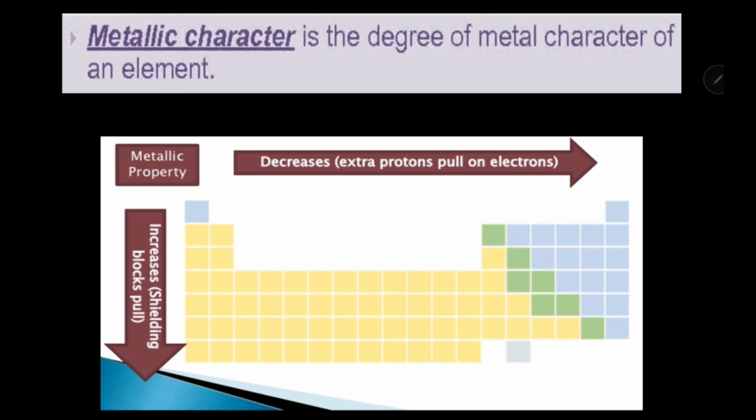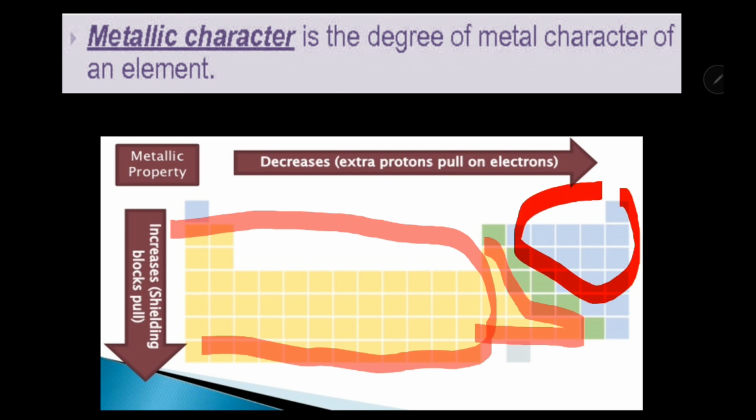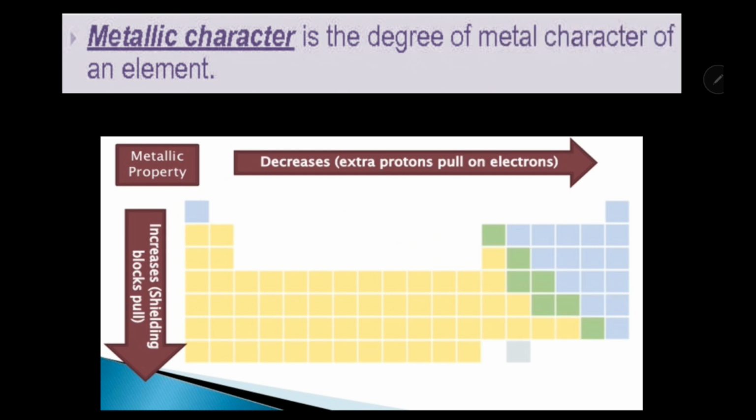So most of the metals, where are they concentrated? They are concentrated on the left side of the periodic table. These are the metals, whatever you see in the yellow are all metals. Now as we move towards the right of the periodic table, we can see these are non-metals. Hence we can say that the metallic property decreases as we move from left to right.